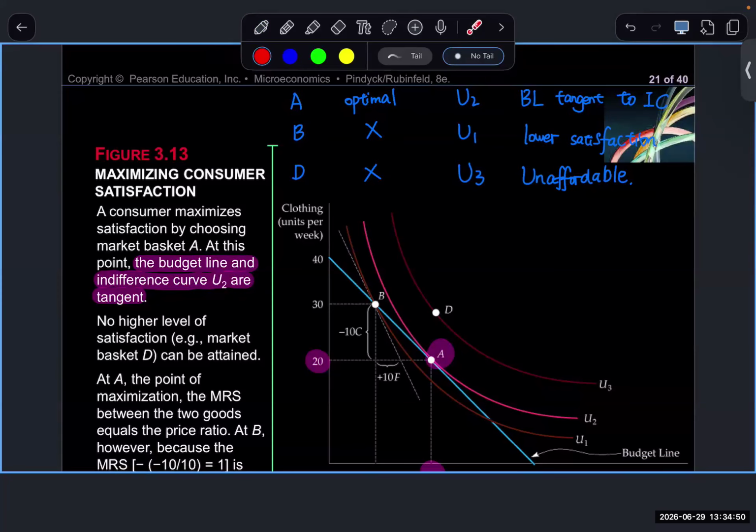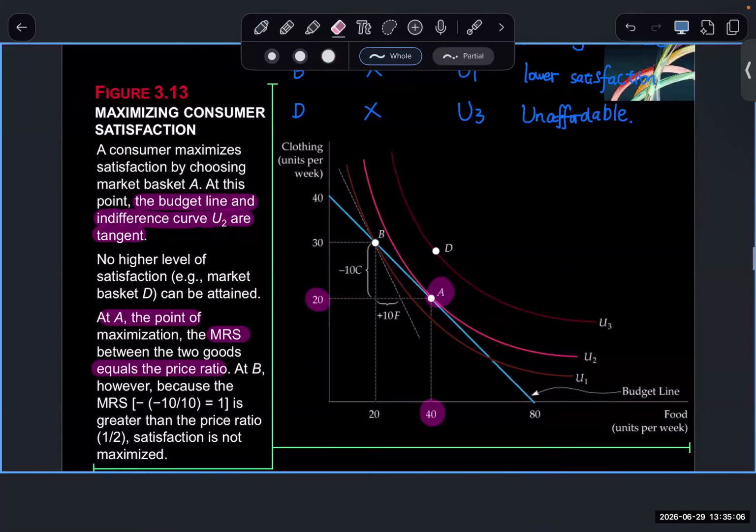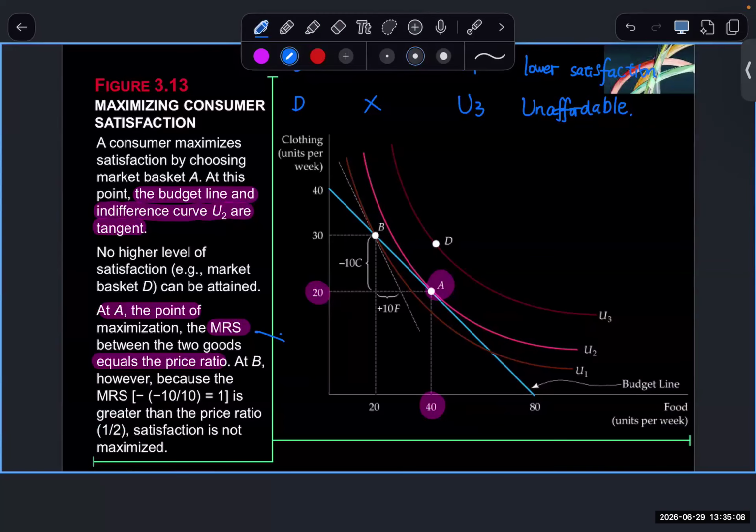So the optimal consumption bundle is at point A, right? And at point A, the MRS between the two goods equals the price ratio. Okay, this is a very important condition. MRS equals the price ratio. We're going to use this condition to find our optimal bundles later.